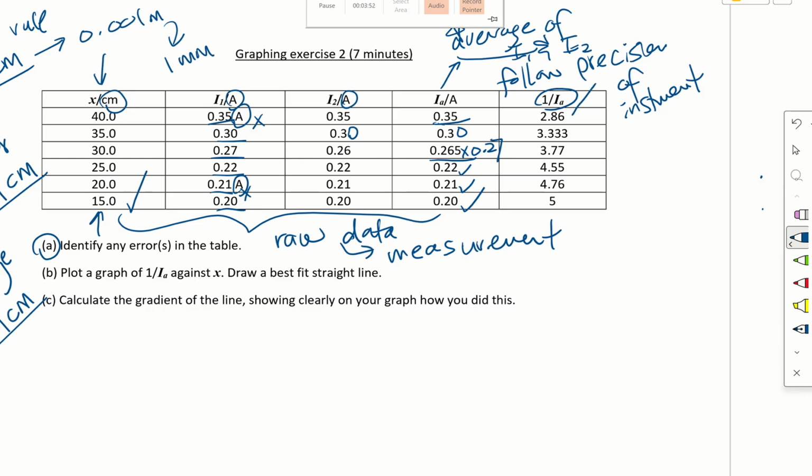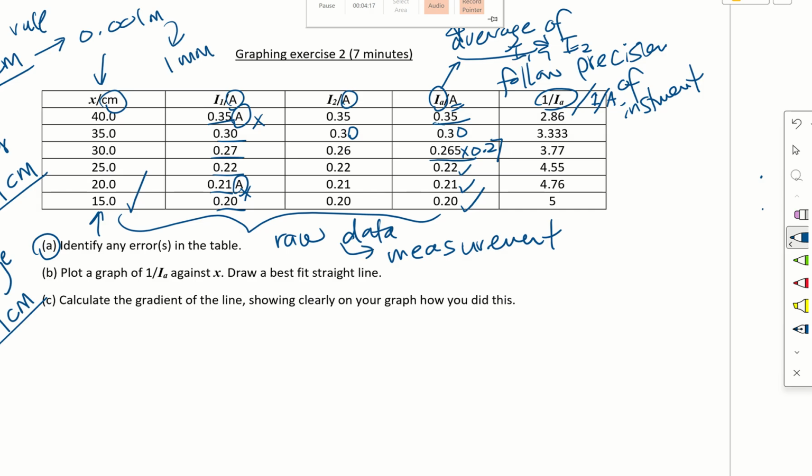So here will be slash, this is the physics quantity, 1 over IA. The units is 1 over A. Do you follow? Because the unit for average of current is ampere. Therefore, for 1 over IA, the unit should be 1 over ampere. Okay, 1 over ampere. Right.